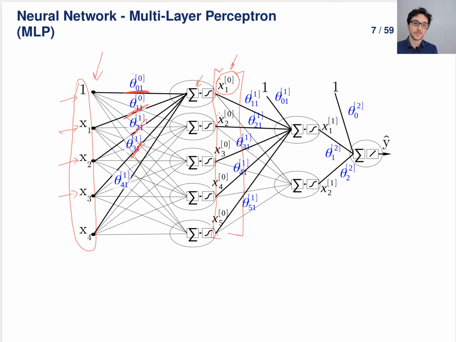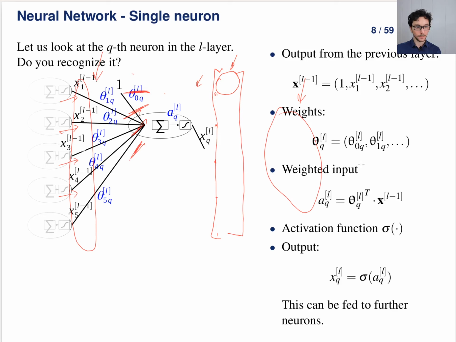This output is again propagated to this other layer, composed in this case by these other two neurons, and at the end we will have an output.